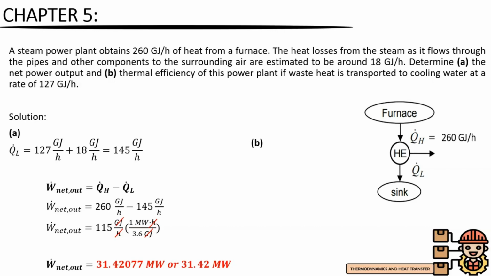Now, the thermal efficiency of the plant is determined from its definition. The thermal efficiency is equal to the net work output rate divided by the rate of heat absorbed. By plugging in the given values, we have 115 gigajoules per hour, which is the value for our net work output, and the value for our heat absorbed, which is equal to 260 gigajoules per hour.